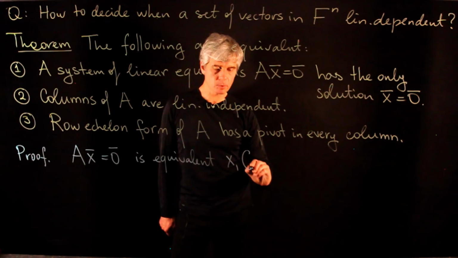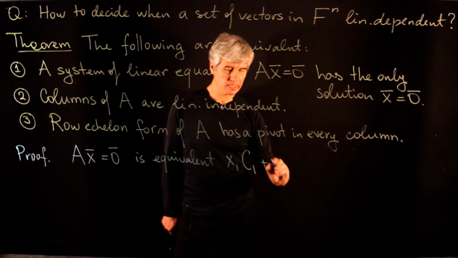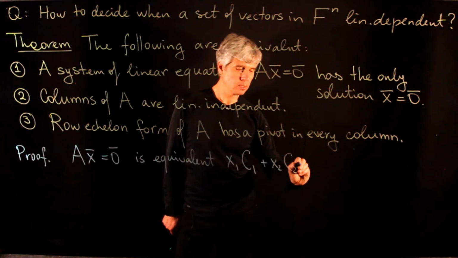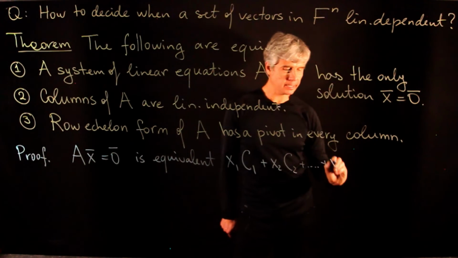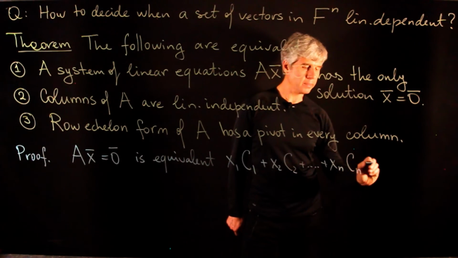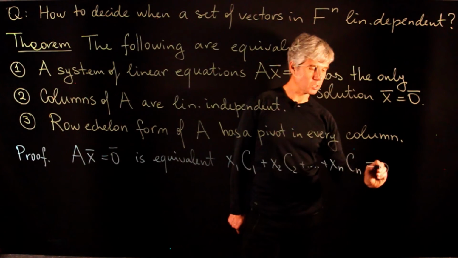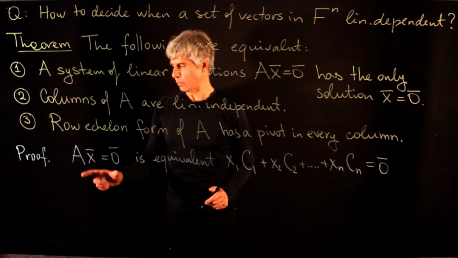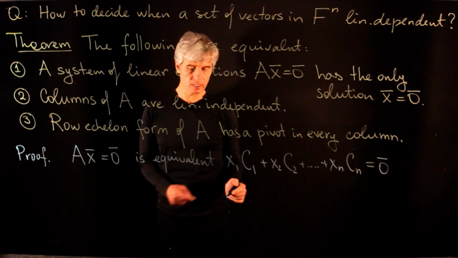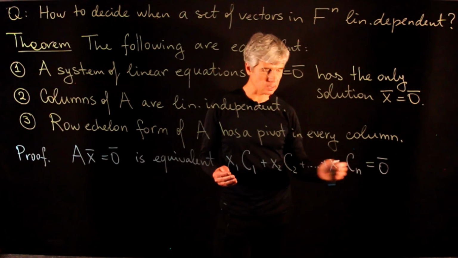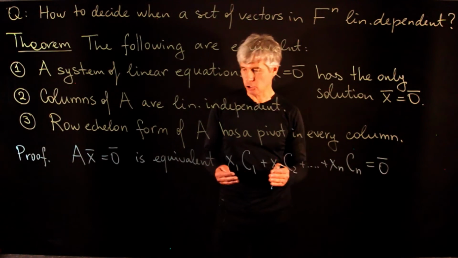So x1 times column 1 plus x2 times column 2 plus xn times column n is equal to a 0 vector, right? So this system of linear equations is equivalent to this vector equation.